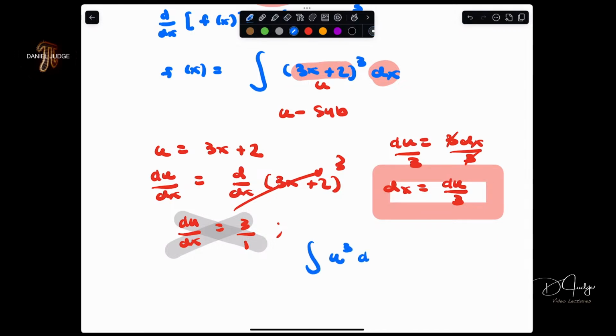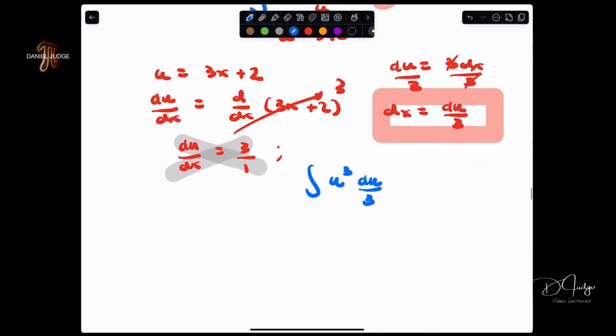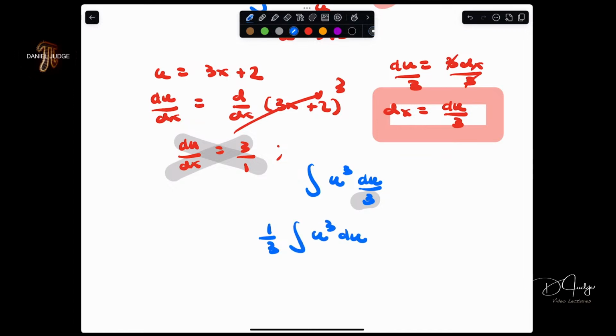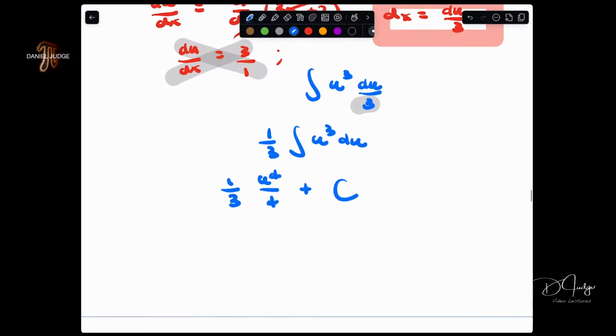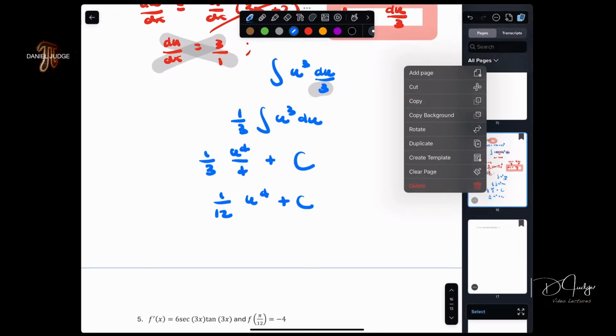U to the third, du over 3, pull out that constant. One third u cubed du. Okay. So using our power rule, we end up with 1/12 u to the fourth plus c.